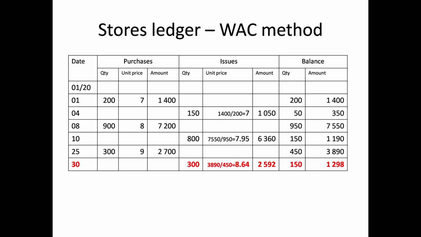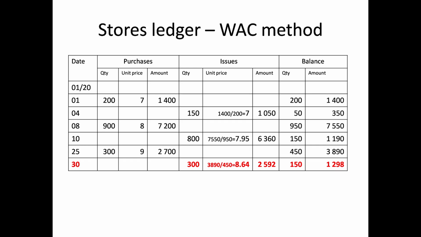Calculate the amount now. Quantity 300 multiplied by the unit price 8.64. Amount is 2592. Now update the balance. You had 450 units. Then you issued 300 units. Now the balance remaining is 450 minus 300, 150 units.